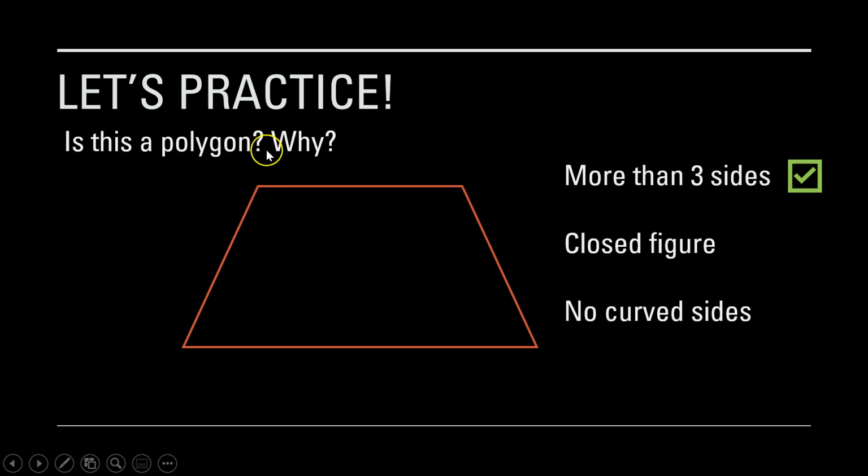When I look, I don't see any openings on my shape, so it's going to get a check for that as well. And finally, it cannot have any curved sides. I see that all the sides on this shape are very straight, so it's going to get a check there as well. Since I have 3 checks for my 3 rules, that means this shape is definitely going to be a polygon.